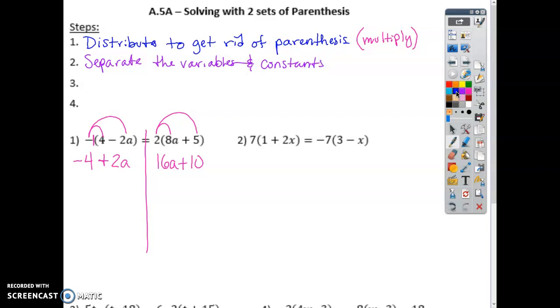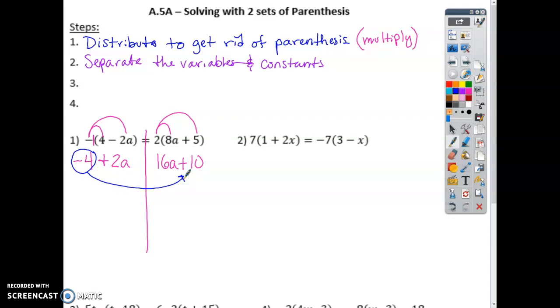That means I want the variables on one side, los variables en un lado, and the constants on another side. And I don't care which way you move them, okay? So which one do you want to move first? The -4? So this is a constant. That means you want the constants on the right side.